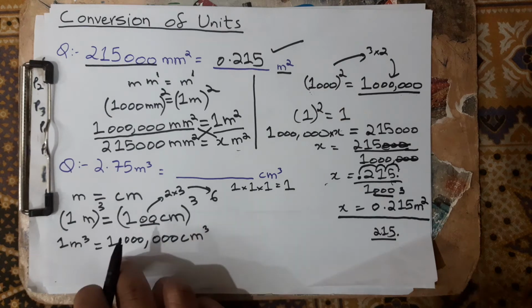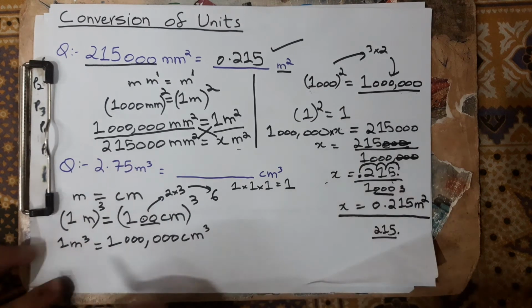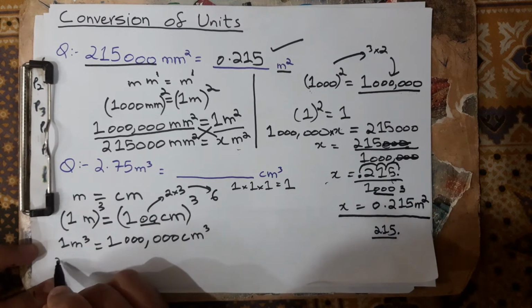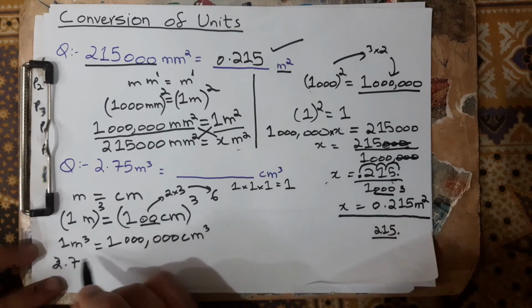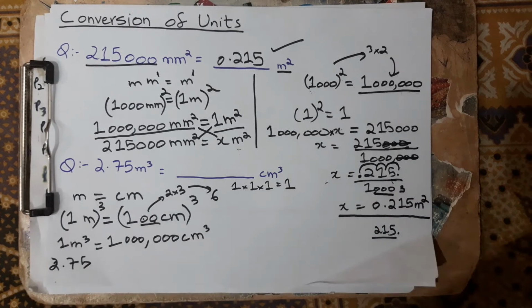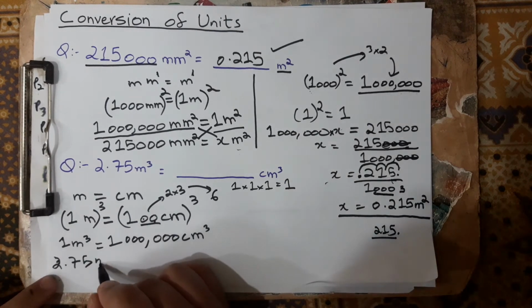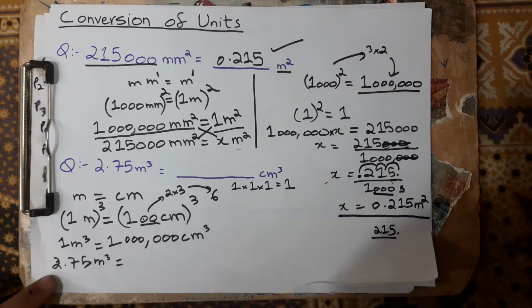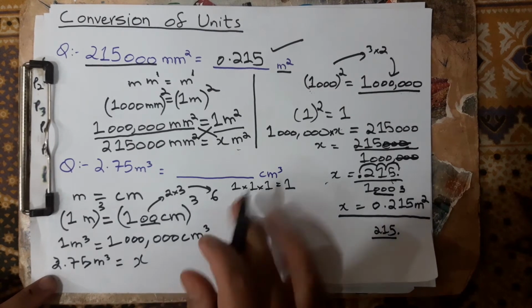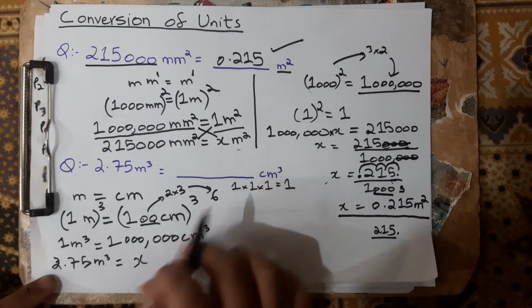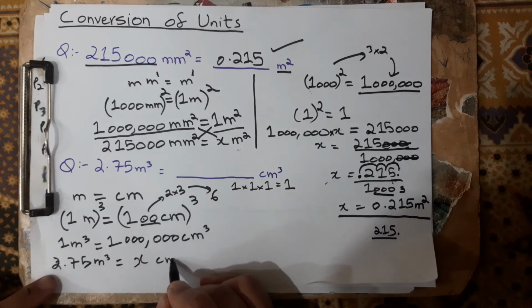Okay, now if we move further on, we will copy down the question: 2.75 meter cube is equal to x. We can suppose this unknown value as x centimeter cube.